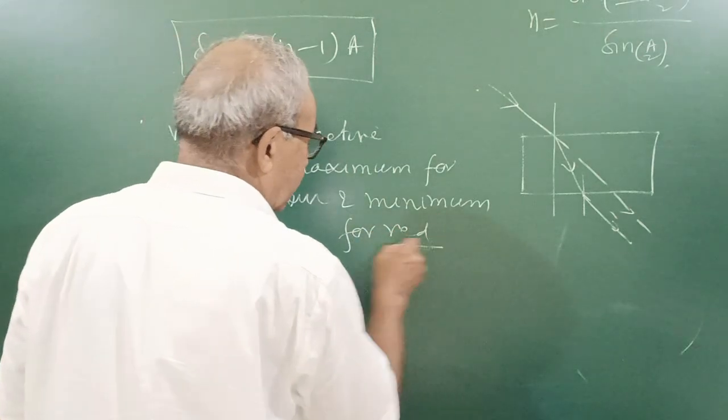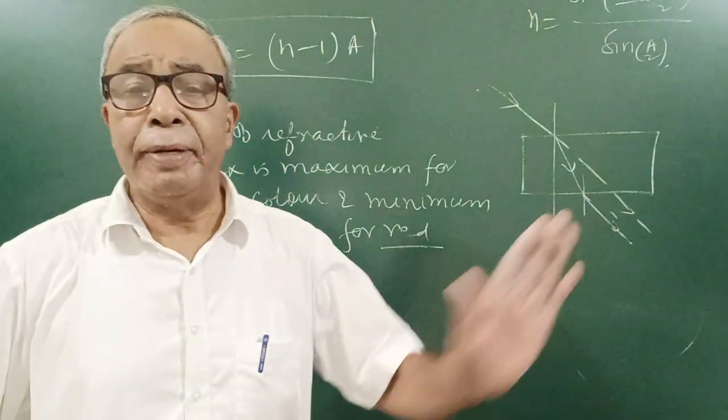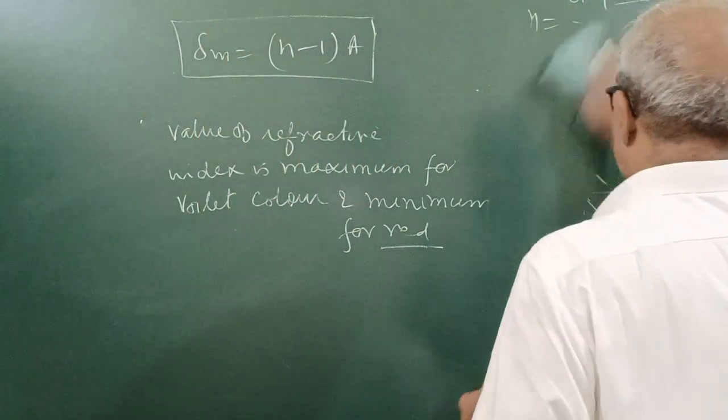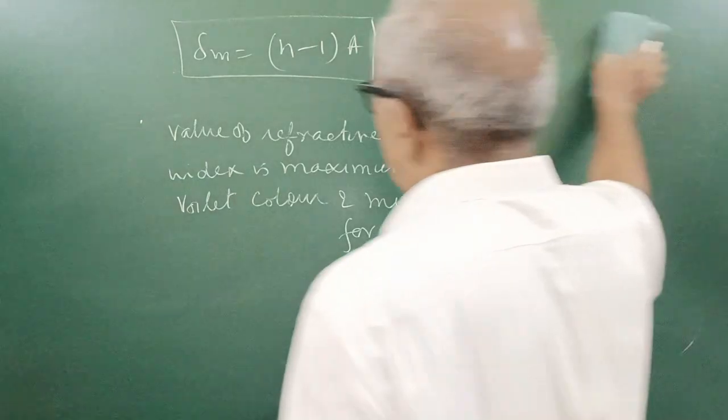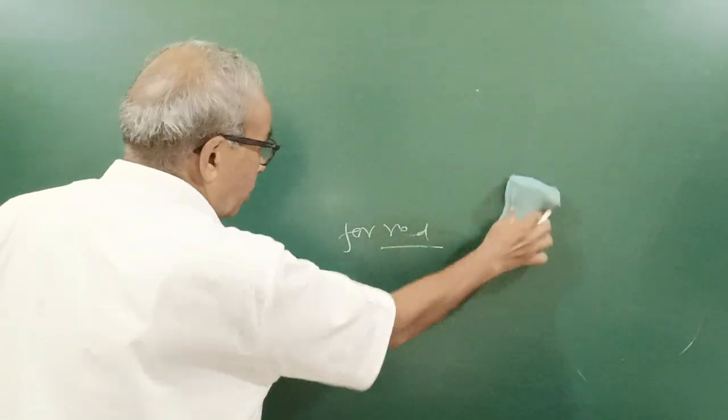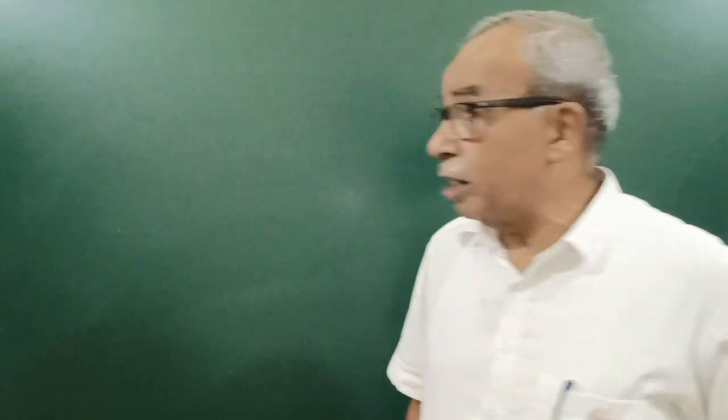This is very important. Generally it is asked to arrange the indices in increasing or decreasing order, but we have noticed that students are unable, because ultimately you have to keep the thing in your brain. So dispersion of light takes place, means when light passes through a glass prism, it is split into constituent colors. Deviation takes place in light when light passes through a glass prism, which depends on n.